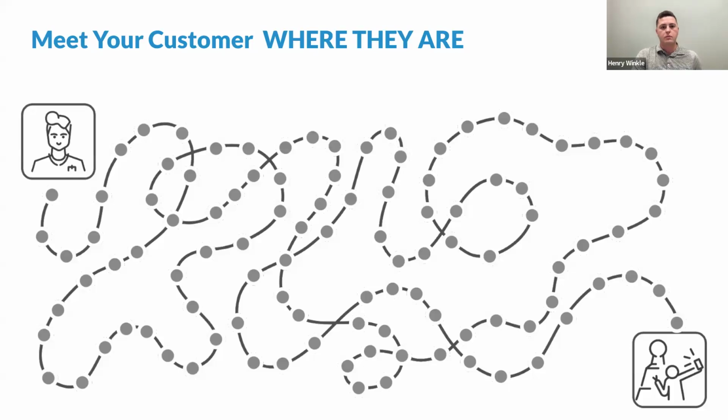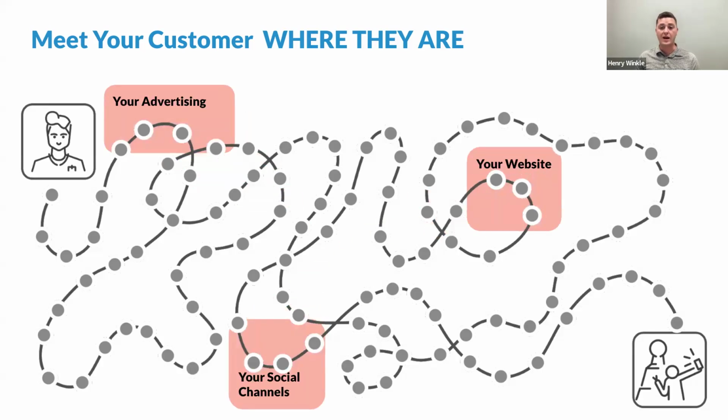So, meeting your customer where they are. Your customers are going to be touching digital touch points across the internet in crazy different ways. So instead of that nice little neat linear marketing funnel, we're seeing something that looks a lot more like this. It's this crazy zigzag of touch points across the internet. Now, for you, you have control over several of these areas.